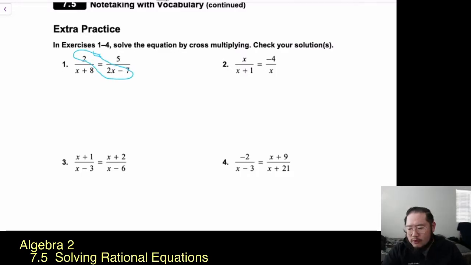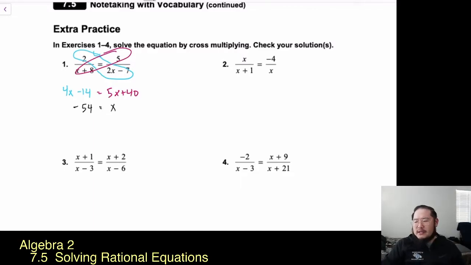We get ourselves 4x minus 14. Then we'll cross multiply the other direction, and make sure you distribute the 5, and you get 5x plus 40. Then we solve for x. I'll subtract 4x from both sides, I'll subtract 40 from both sides, and I got x is equal to negative 54.